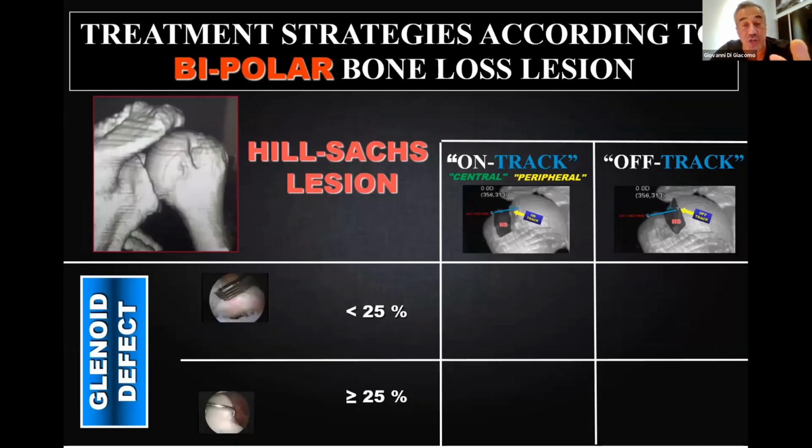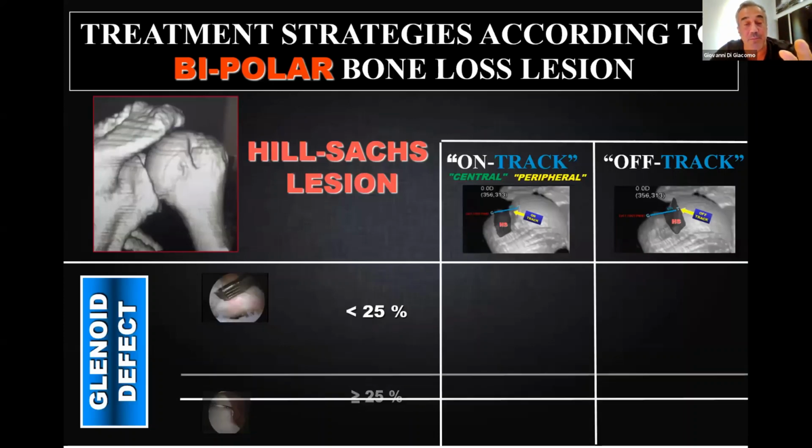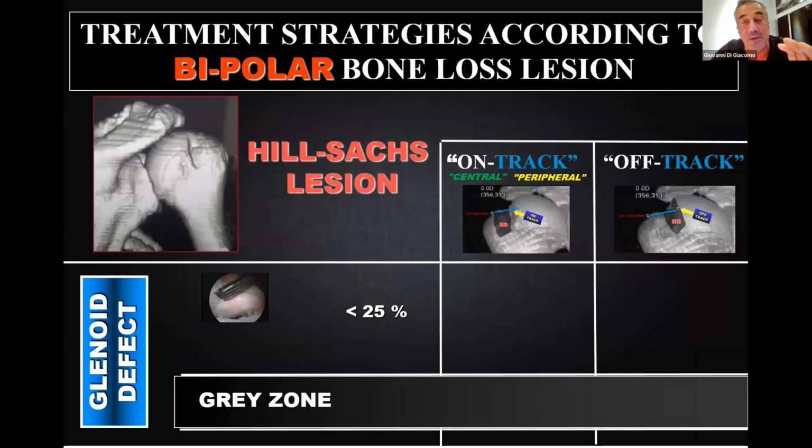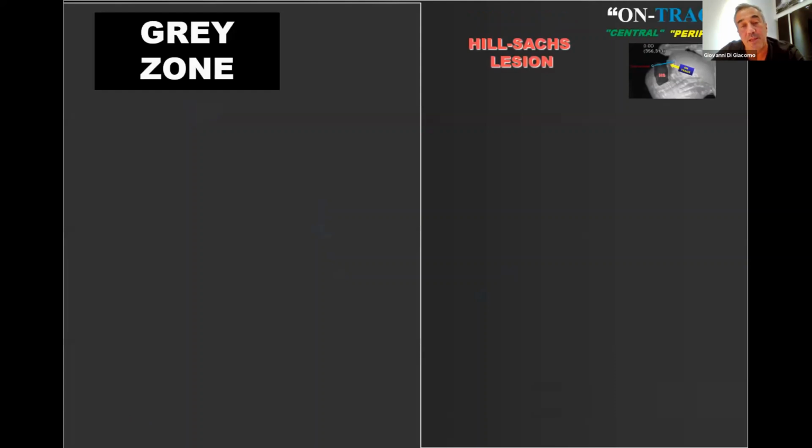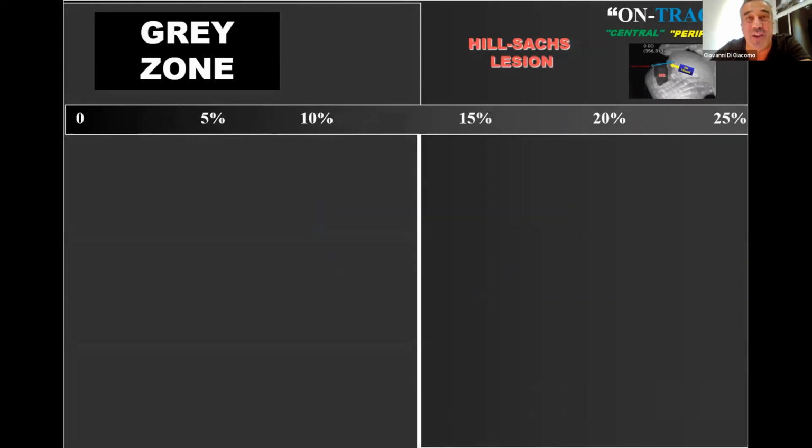So we have a patient that is on track. But when we say that the glenoid bone loss is less than 25%, in my mind, there is a huge difference between 0 and 25. So if you read the paper from Japan or from North America, from John Tokish, they did a very interesting study.